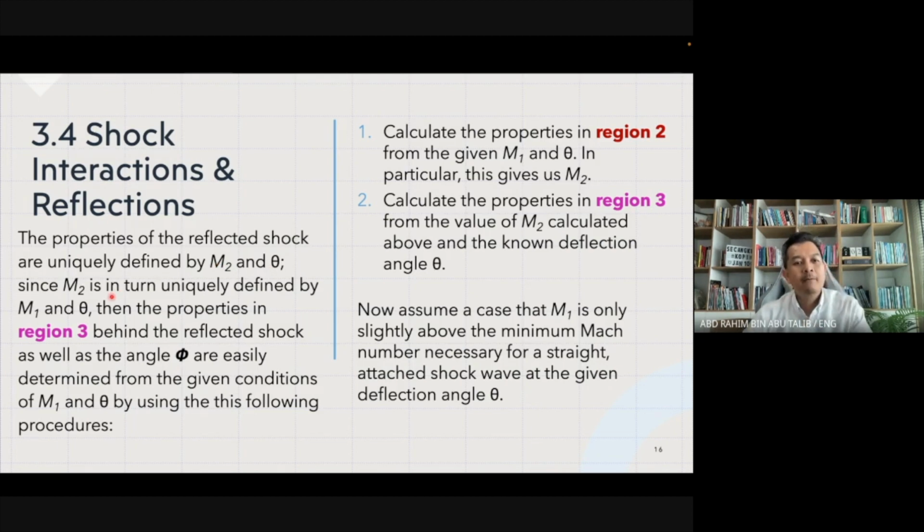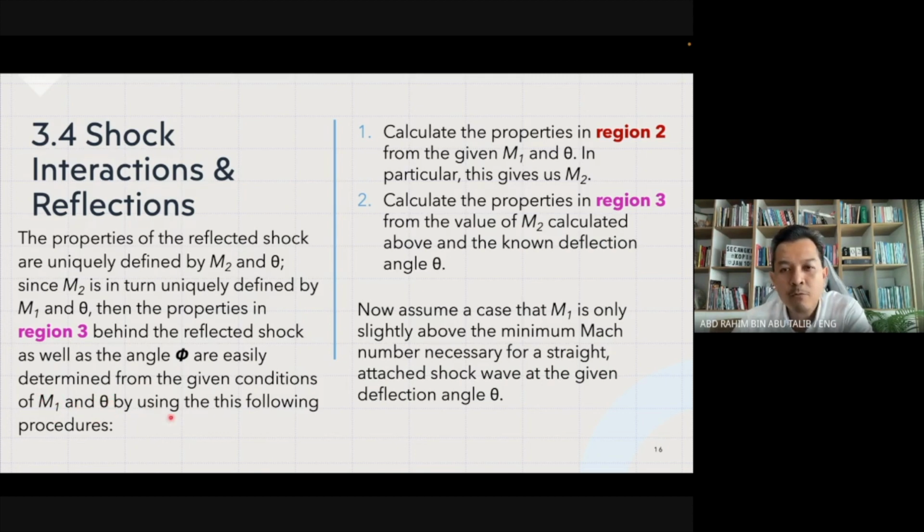Since the Mach number in region 2 is in turn uniquely defined by the Mach number in region 1 and theta, the properties in region 3, the region behind the reflected shock, as well as the angle phi, are easily determined from the given conditions of Mach number in region 1 and theta.